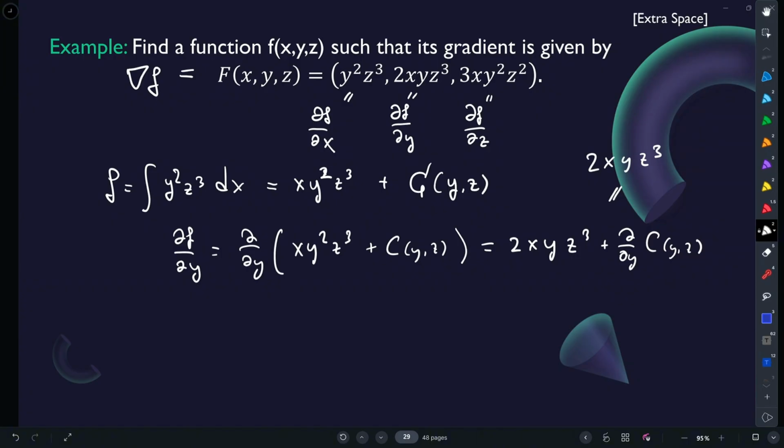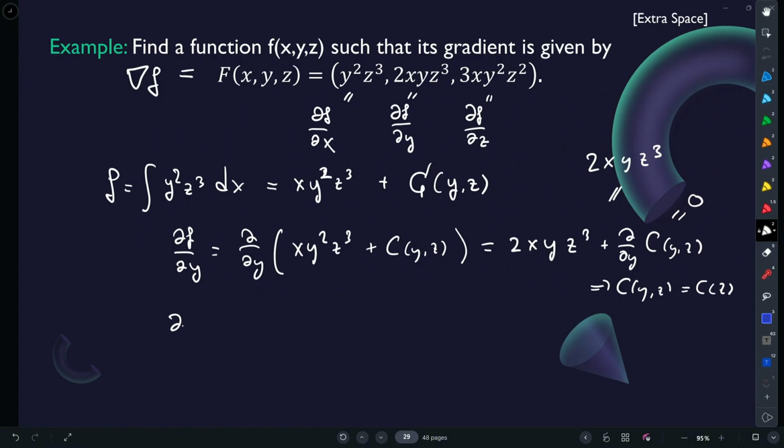That's great because that is exactly what I already have here. So this has to be 0. So the function c should be constant with respect to y also. This tells me the constant function is actually just a function of the z variable.